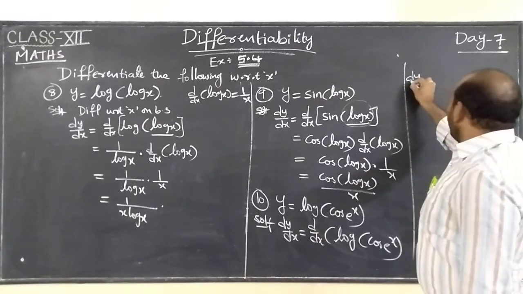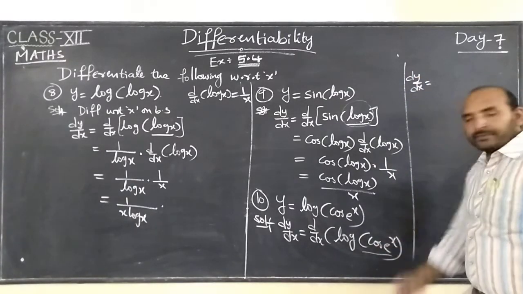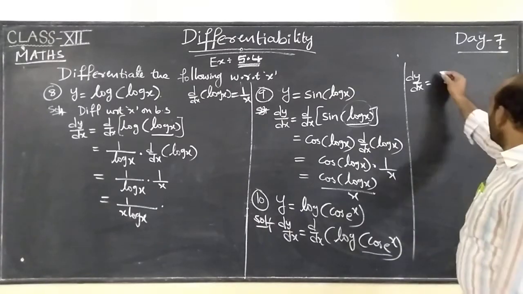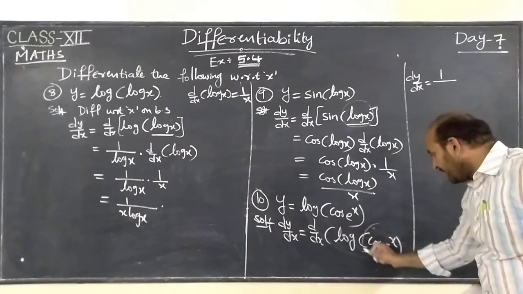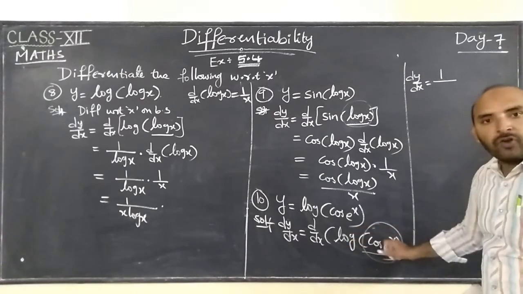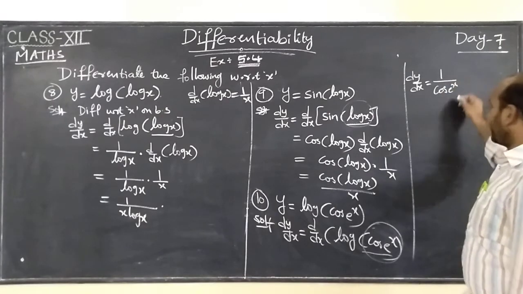Now dy by dx is equal to the derivative of log x. Consider cos of e power x as x. The derivative of log x is 1 divided by cos e power x.